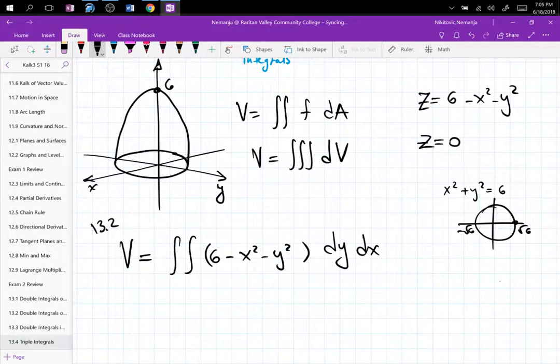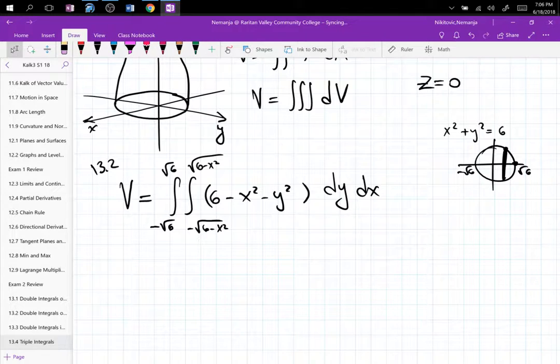So the x will sweep all the way from negative root 6 to positive root 6 and stop. Now, the inner integral, right, when I draw my representative rectangle, my top is touching the top portion of the circle, which is the square root of 6 minus x squared, and the bottom is touching the negative square root of 6 minus x squared.